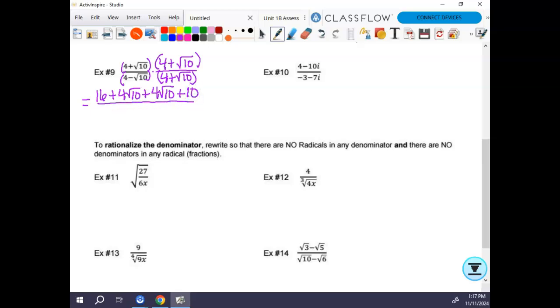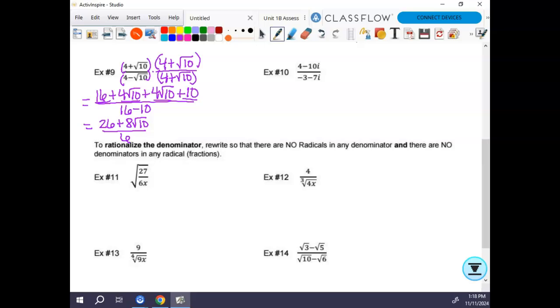Over, then we square the first one and we get 16 minus the square root of 10 squared, which is 10. So we all agree now with this one before we go any farther. All right, so then in the numerator, this 16 and the 10 I can add together and get 26. 4 square roots of 10 and 4 square roots of 10 give me 8 square roots of 10 over 6.